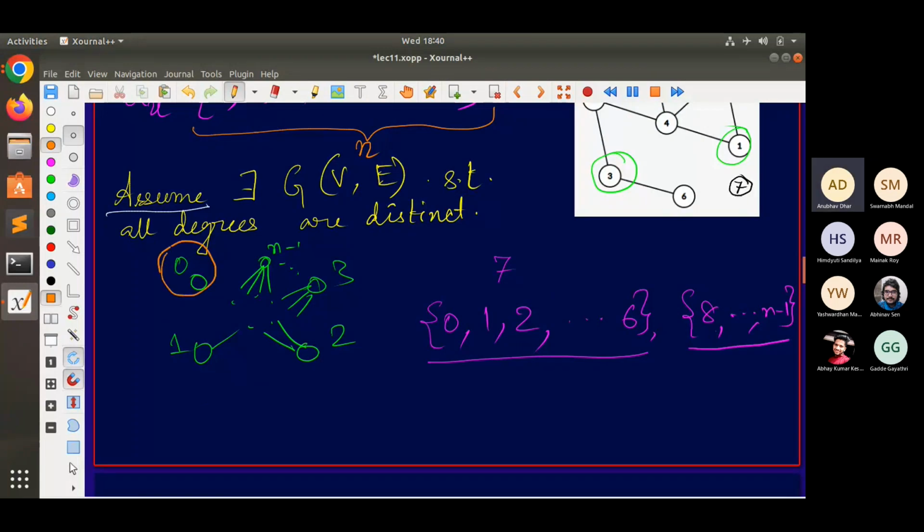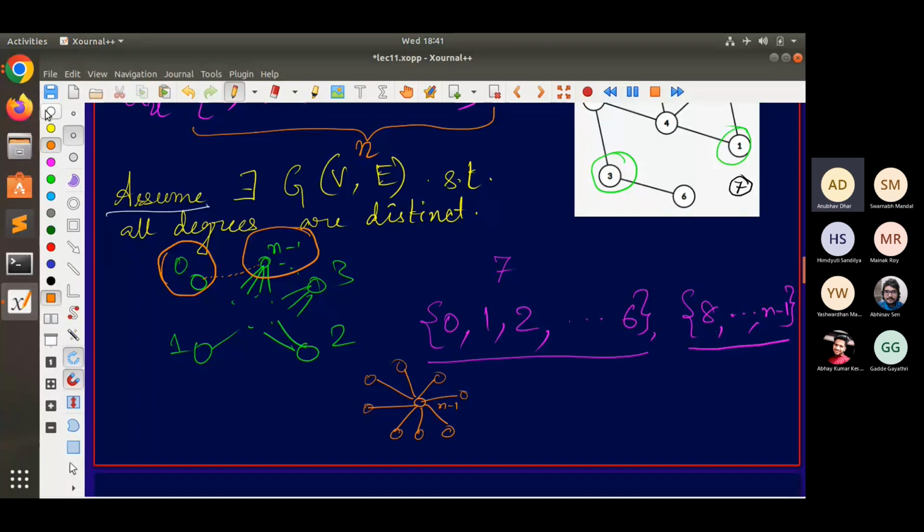Okay. Now, I'm not sure if this is what you're trying to say, but take a look at this node and this node, the node with degree 0 and the node with degree n minus 1. Well, the node with degree n minus 1 connects to all other vertices, right? In particular, it must also connect to the node with degree 0.